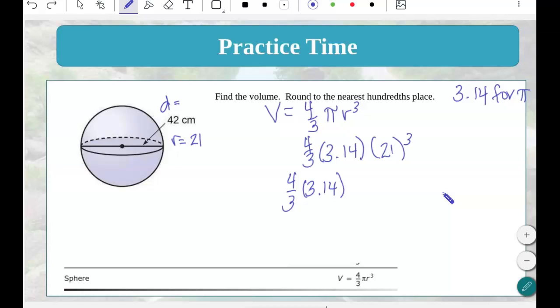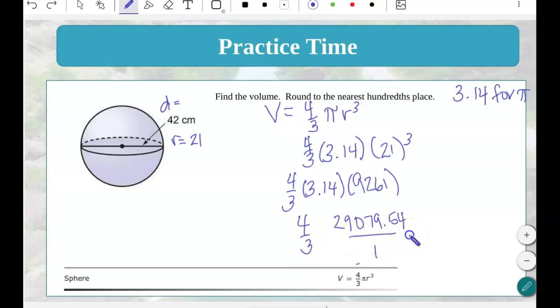You may be already 2 steps ahead of me. So I'm going to multiply by 3.14 next. And I get 29,079.54.